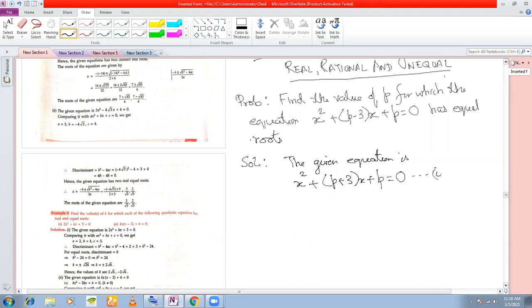And we call this 1. Since it is given to you that 1 has equal roots, discriminant must be equal to 0. So let us find out what d is.